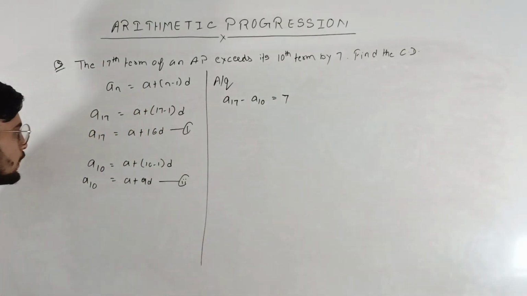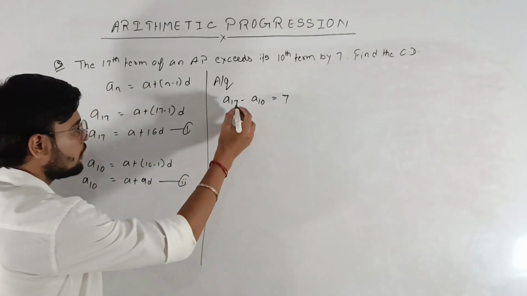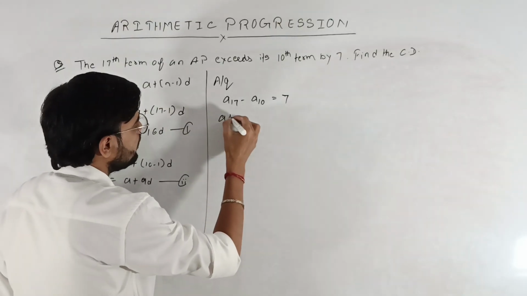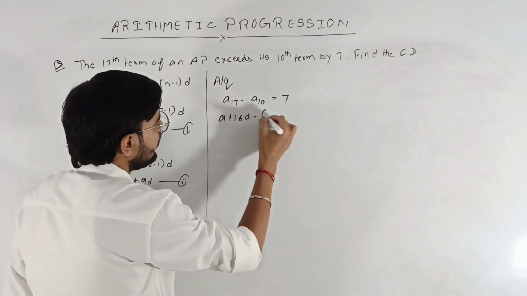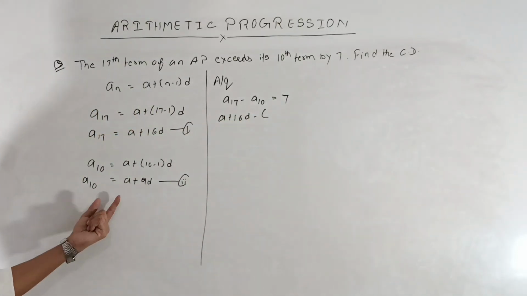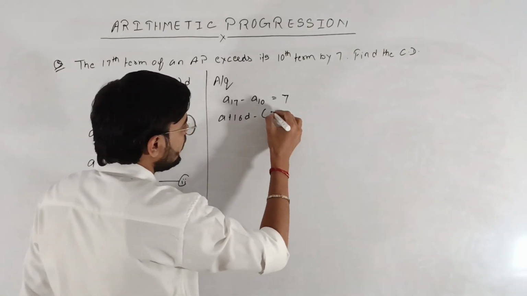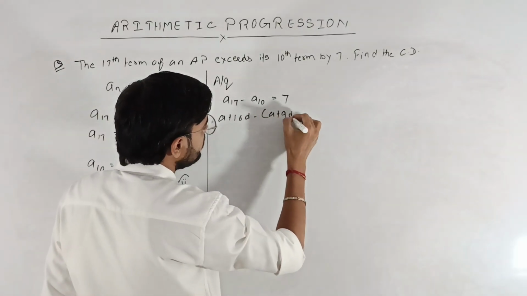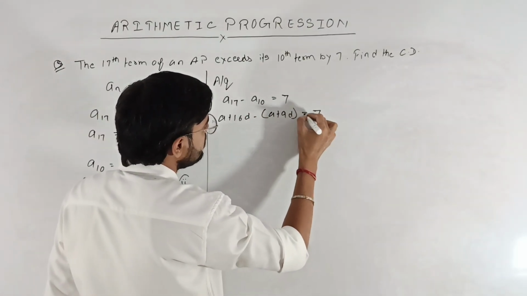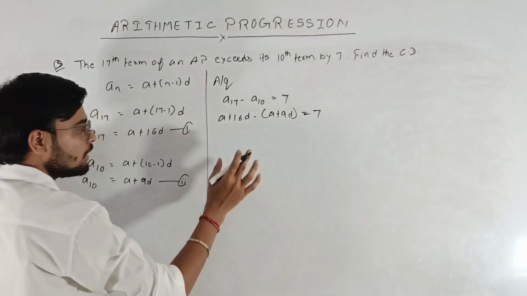Now A17 is A plus 16D, so in place of A17 I write A plus 16D, minus A10, which is A plus 9D. So in place of A10 I write A plus 9D, and this is equal to 7. Now calculate this.